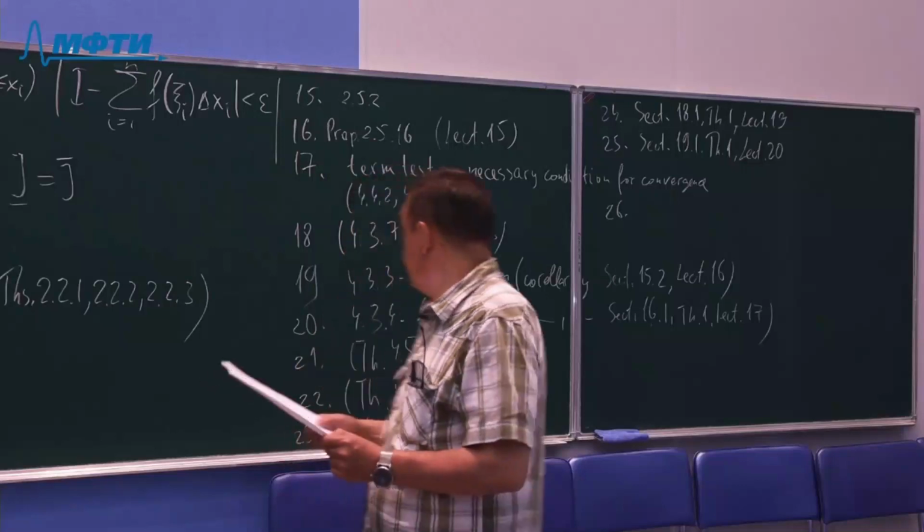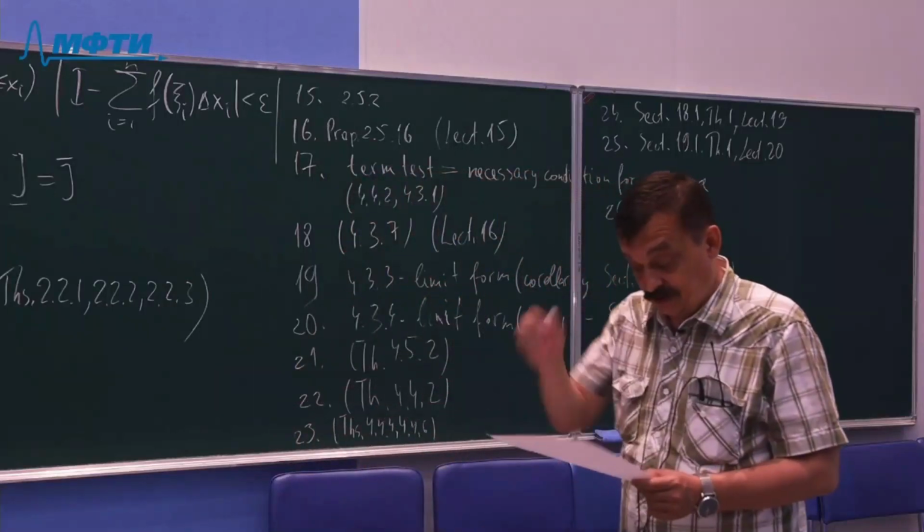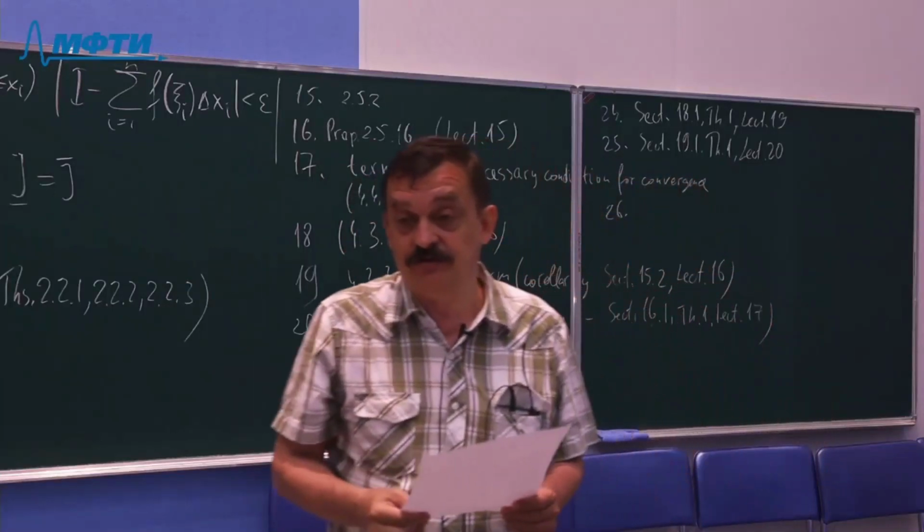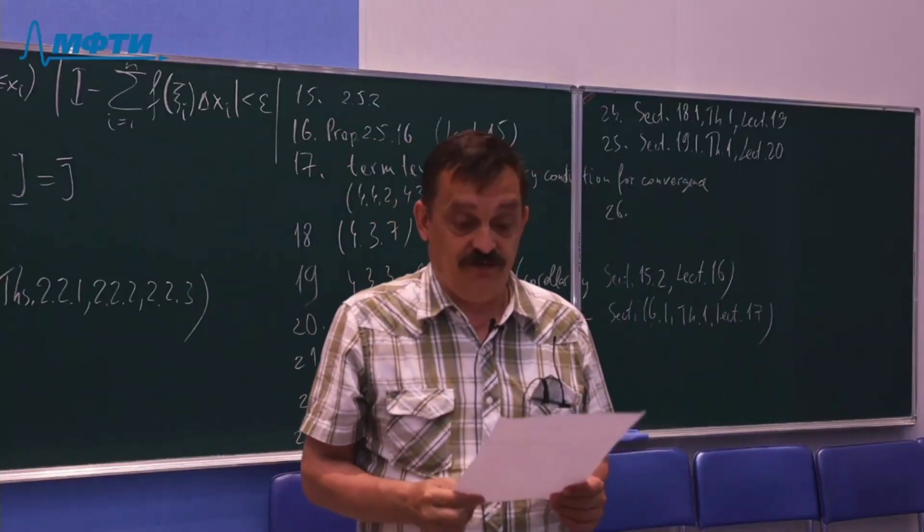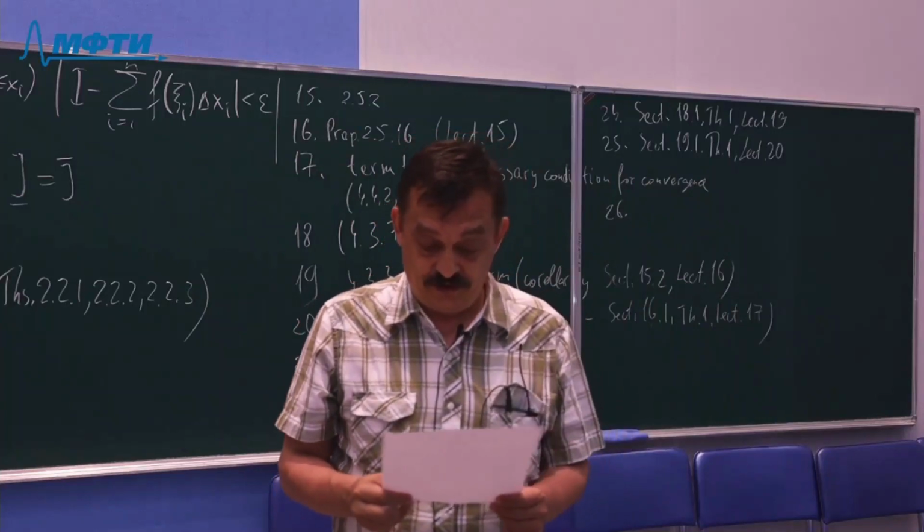Yeah, concerning question 26, the Cauchy criterion was given in lecture notes without proof. I gave you this with proof.